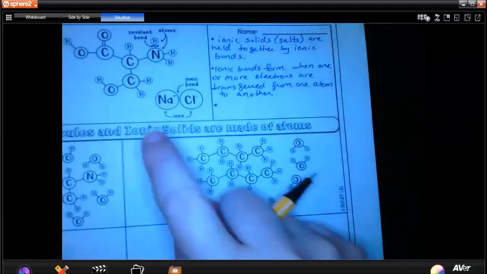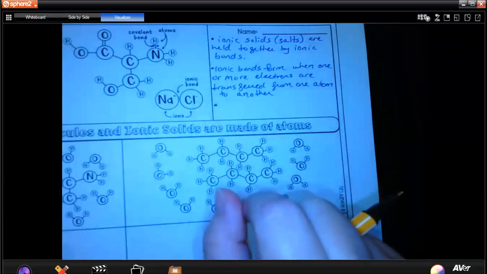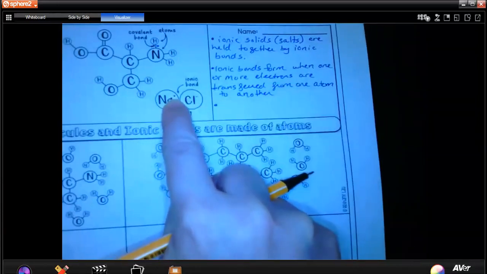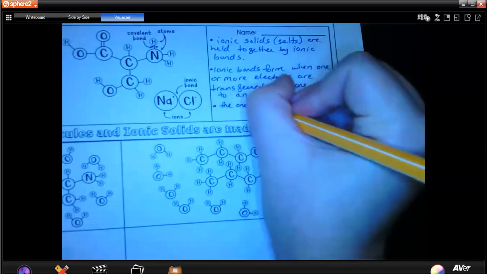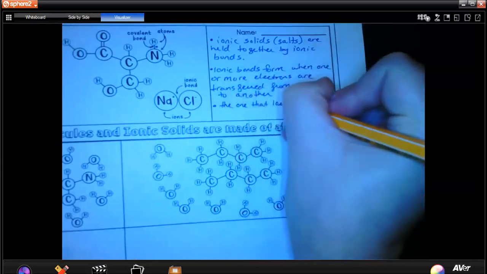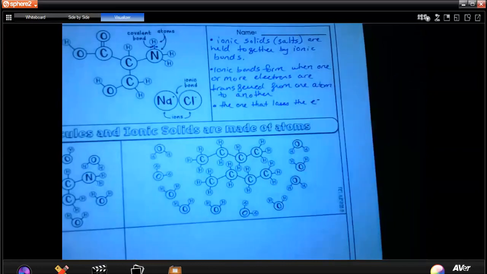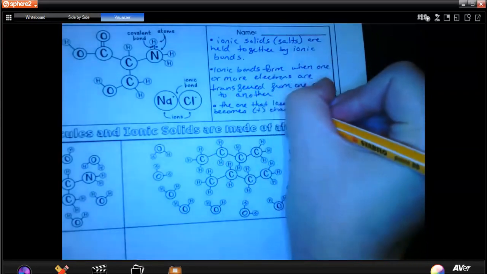When that ion is transferred from the sodium to the chlorine, for example, one loses electrons, and so it becomes positively charged, you can see that, and one gains electrons, or an electron, so it becomes negatively charged. So the one that loses, I'm just going to write an E with a negative charge for electron, that's how I denote electrons, becomes positively, once again, just a positive plus sign, charged.